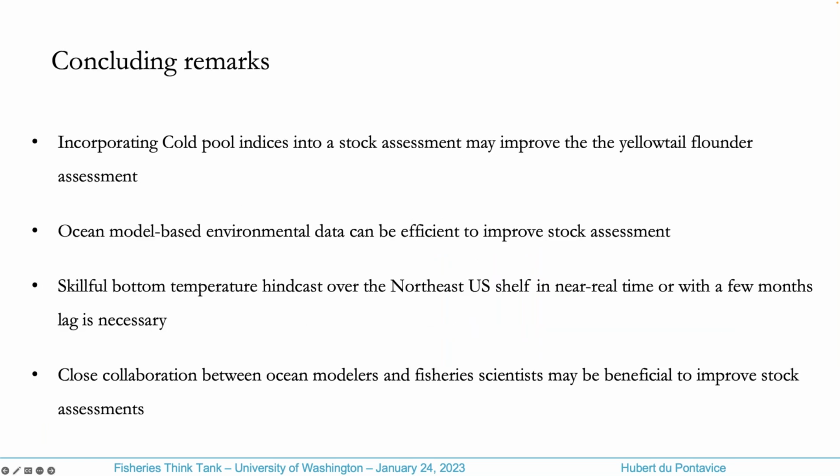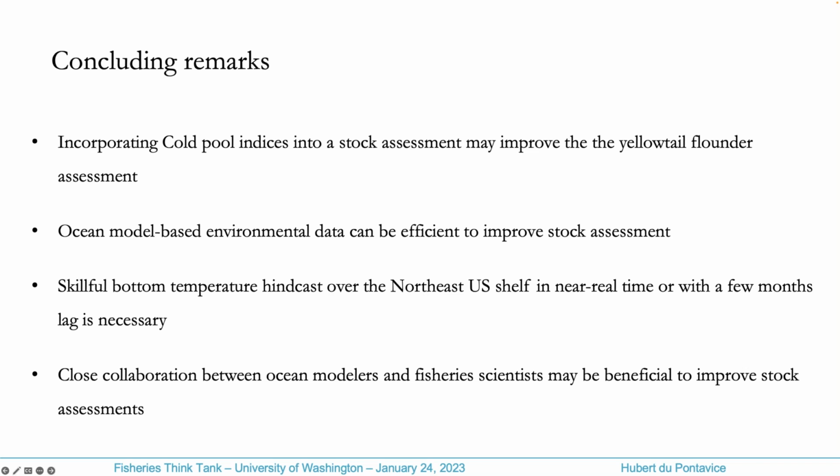To conclude, our study suggested and confirmed that incorporating cold pool indices into a stock assessment model may improve the yellowtail flounder assessment. We also show that overall ocean model-based environmental data can be efficient and at least as efficient as observations to improve stock assessment.